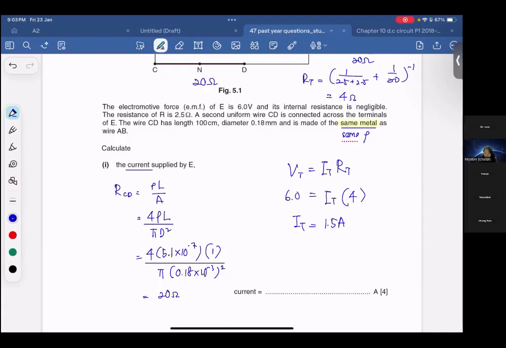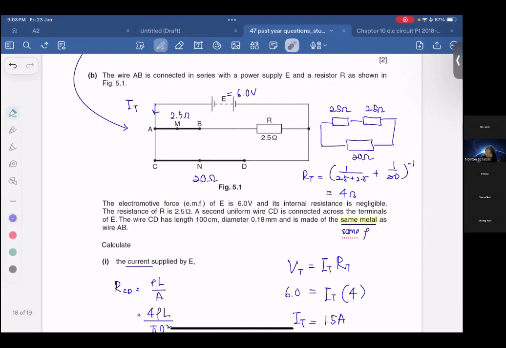Okay, my dear. Can you calculate the power transformed in wire AB? In wire AB, what is the power? Can you try? I got the resistance already. So for the power formula, which one is better for you to use?